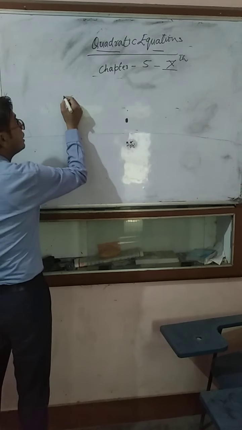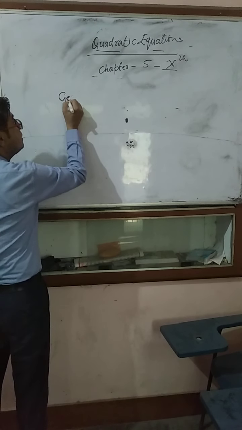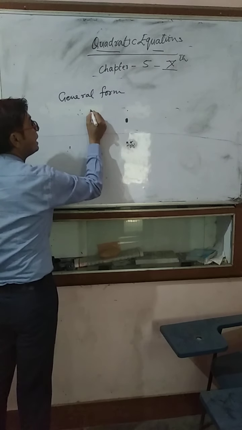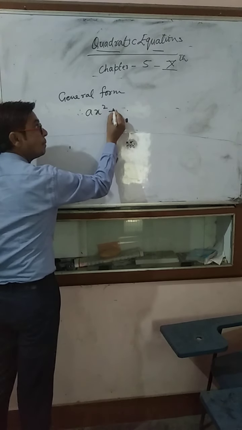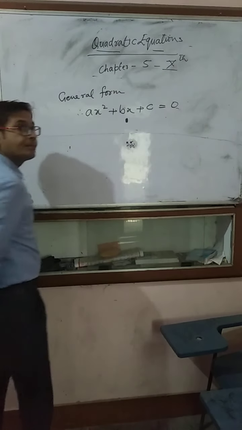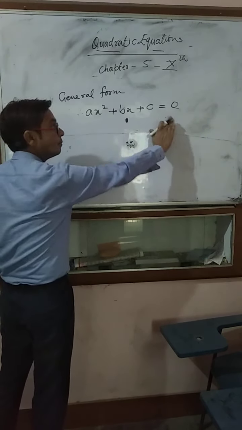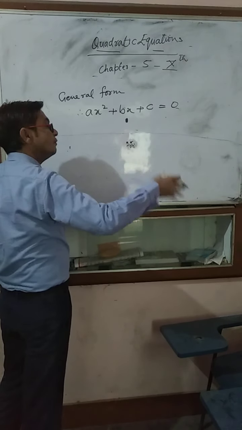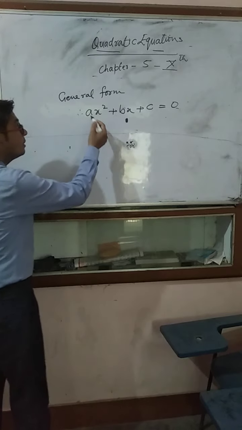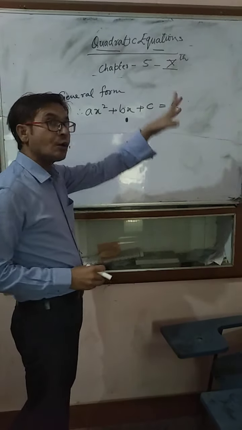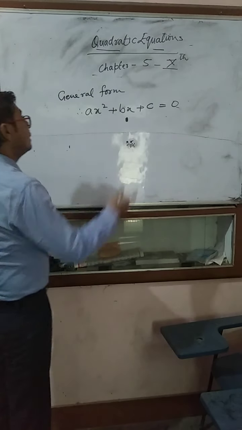The general form of quadratic equation is ax square plus bx plus c is equal to 0. This is the general form of the quadratic equation. Any equation which is in this form, we can say that the equation is a quadratic equation.